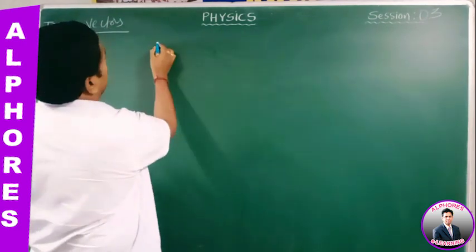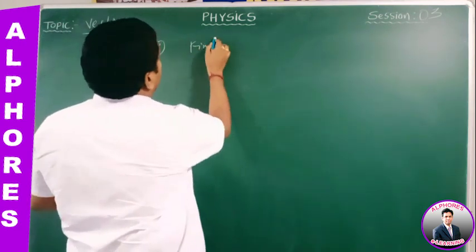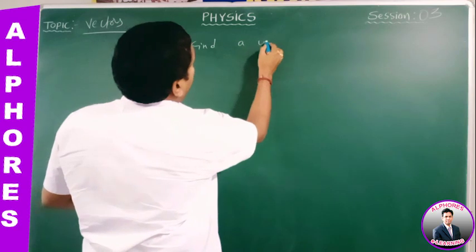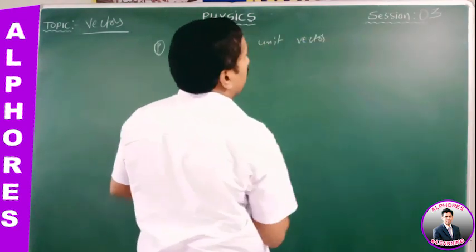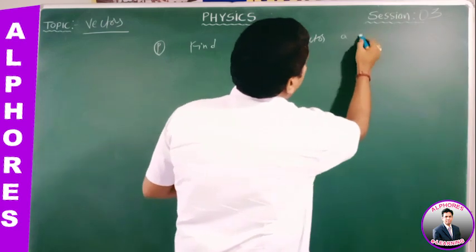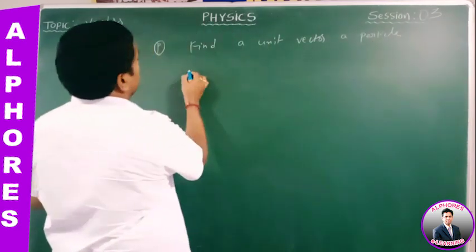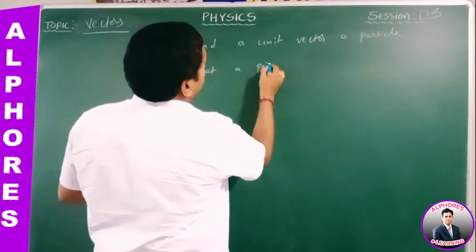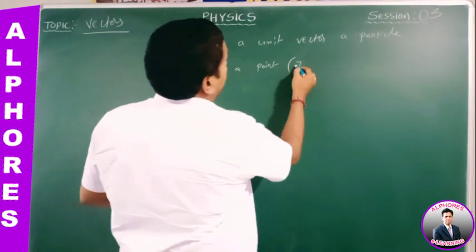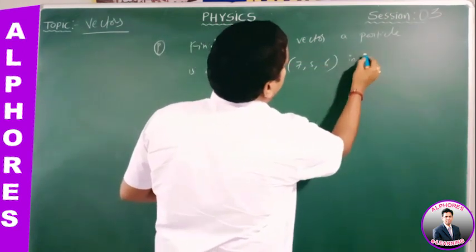Now find the unit vector of a particle at the point 7, 5, 6 in space.